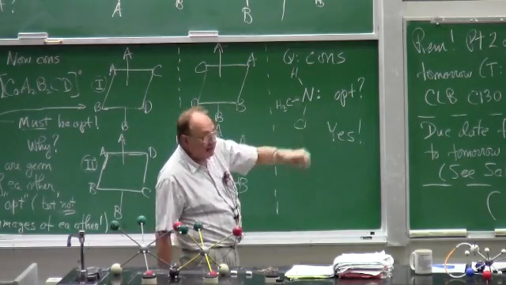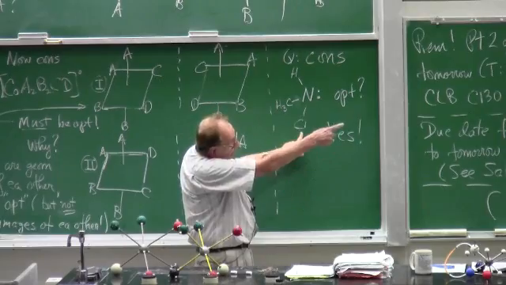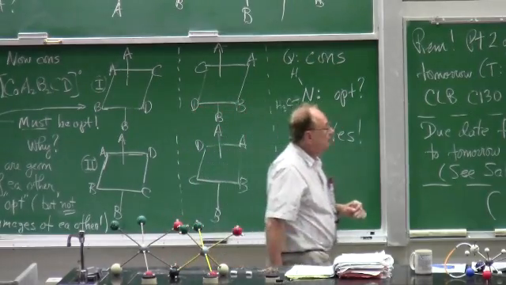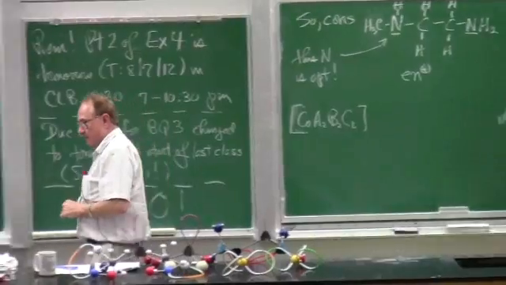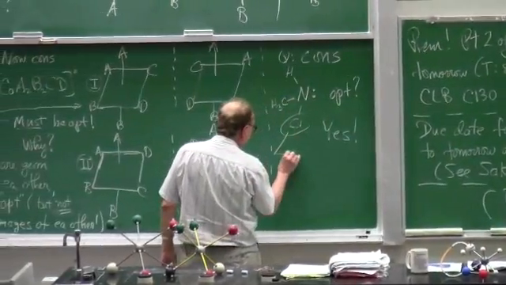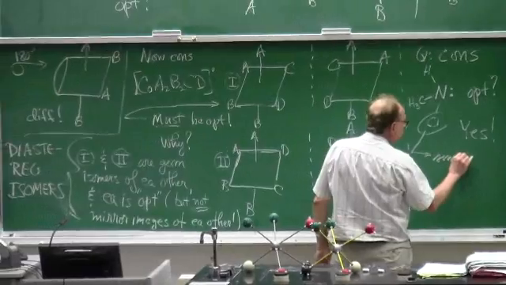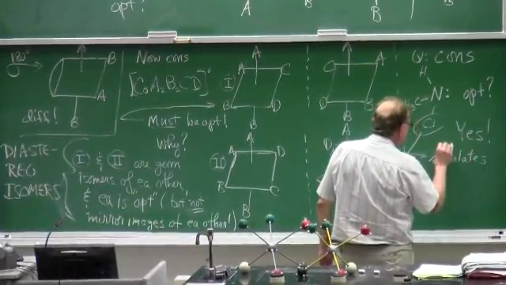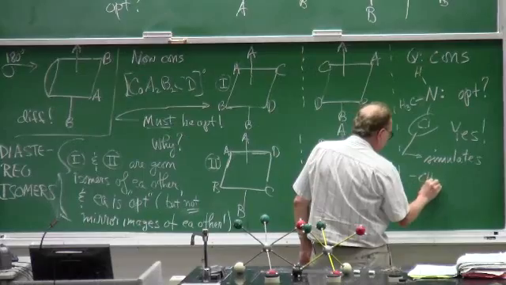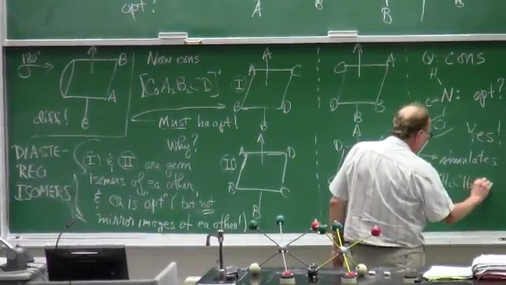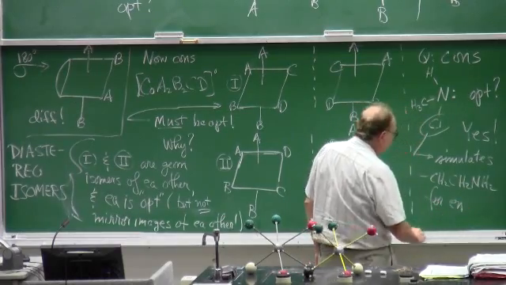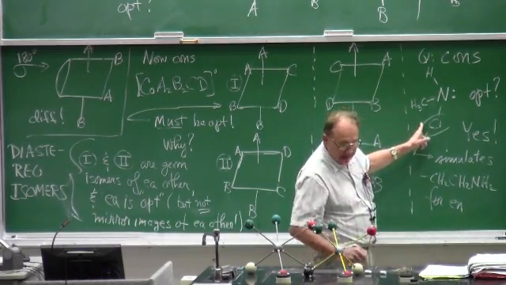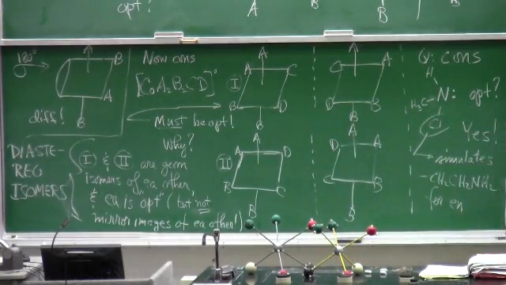Now I drew this rather than that because if I draw that over here, then instead of Cl, we'd have this CH2, CH2, NH2 group, which simulates CH2, CH2, NH2 for ethylene diamine. Is this optically active? Yes, it is.